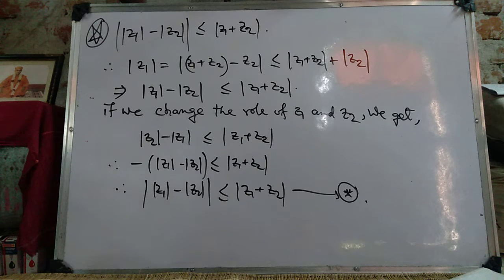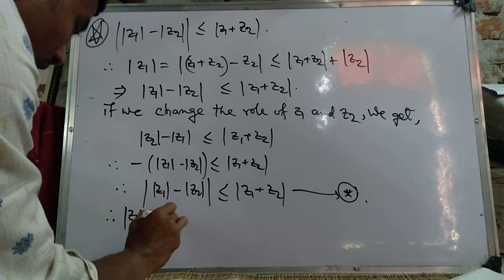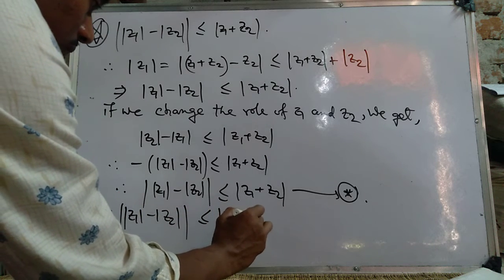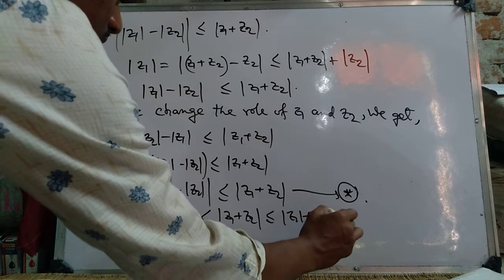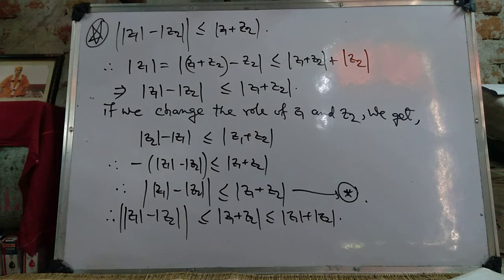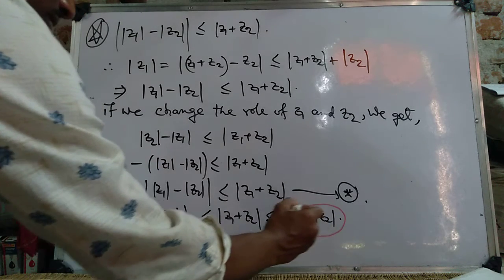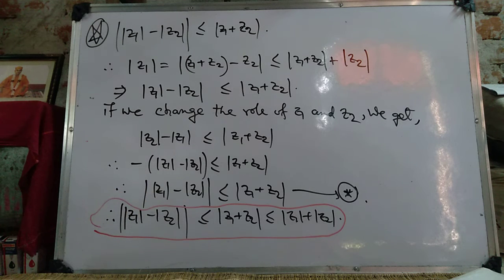So in this way we get ||z1| − |z2|| ≤ |z1 + z2| ≤ |z1| + |z2|. This property we also developed ourselves. This is one of the important properties of modulus.